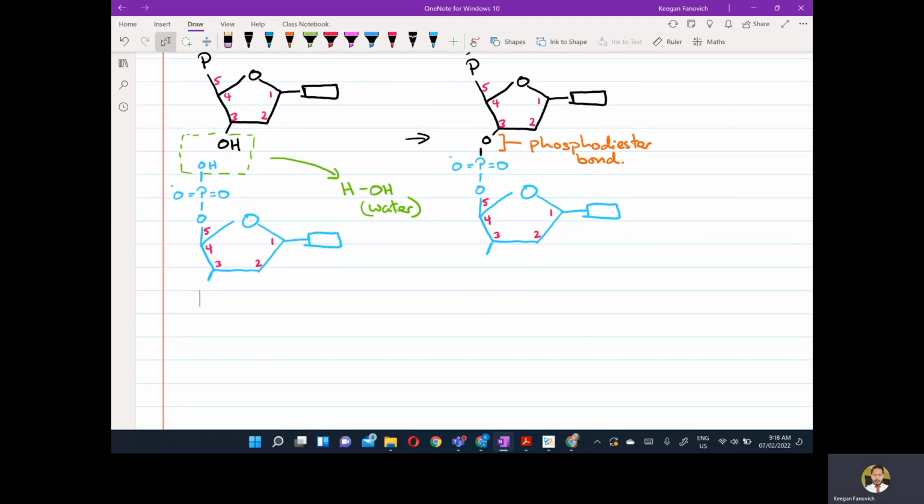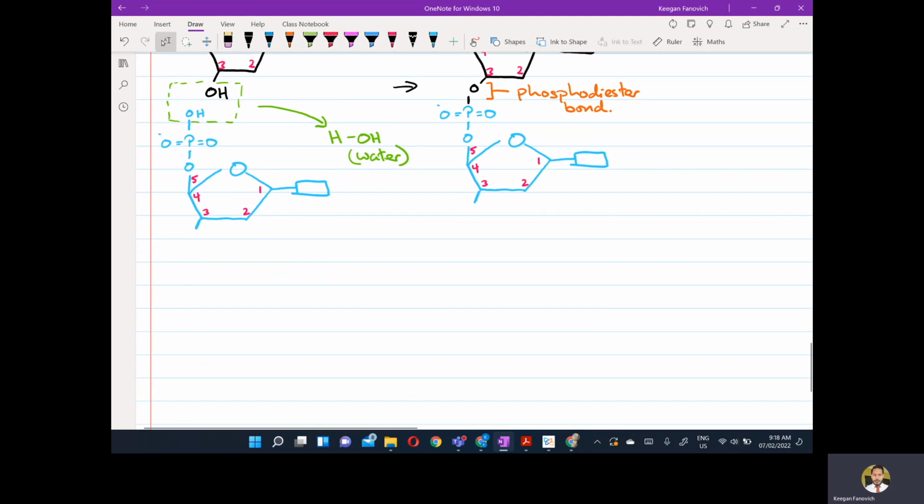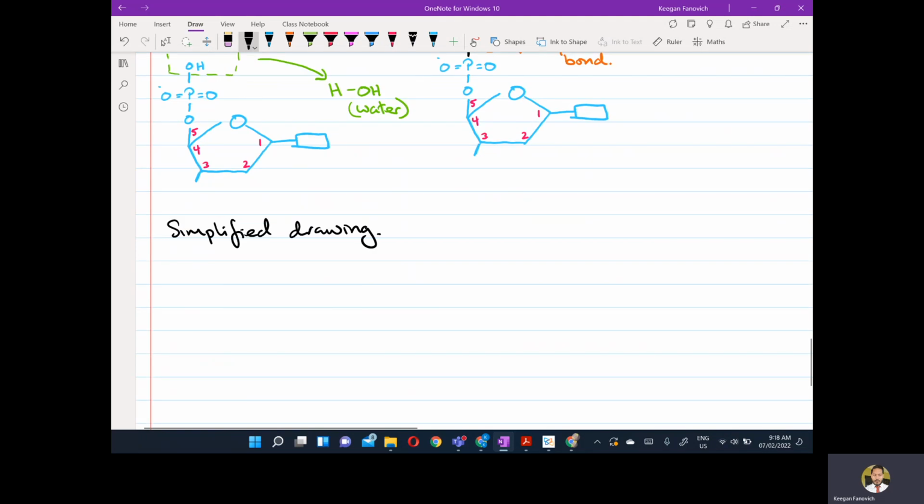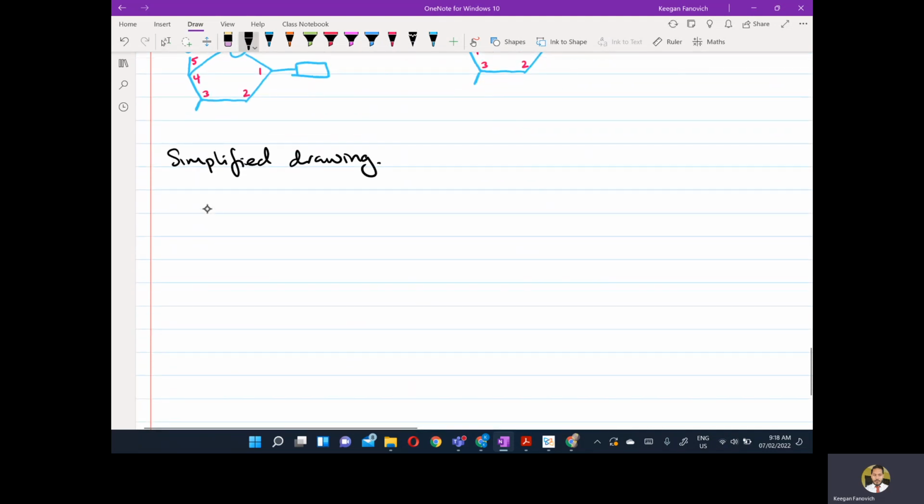All right. We can draw this in a more simplified version because, when you're doing this in exams and they want a more generalized version, you can do a simplified version. So the simplified drawing would look something more like this.